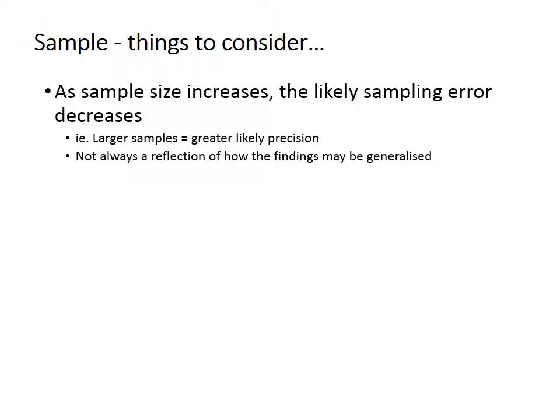But that's not always a reflection of how the findings may be generalized. So you just need to be careful. It's always interesting when you watch TV and you see adverts for hair care products. At the bottom of the screen they put the percentage and the sample, and it's always interesting to see the variation.